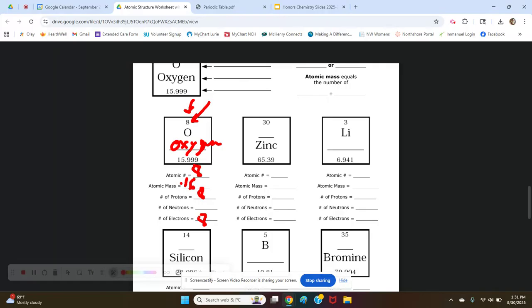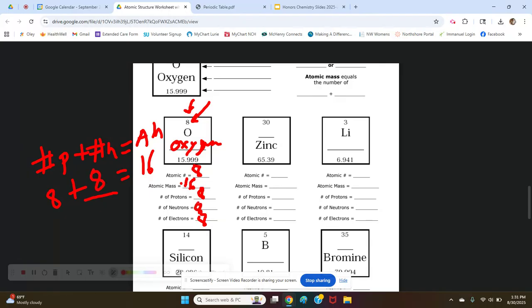And then the number of neutrons, remember, the number of protons plus the number of neutrons is equal to the atomic mass. We're saying that the atomic mass is 16, and the number of protons is 8. So filling in the blank, 8 plus some number is 16, that number is 8. So my number of neutrons is 8 as well.